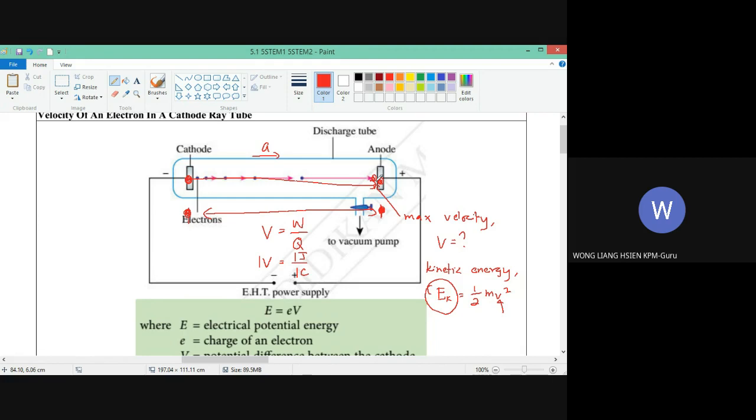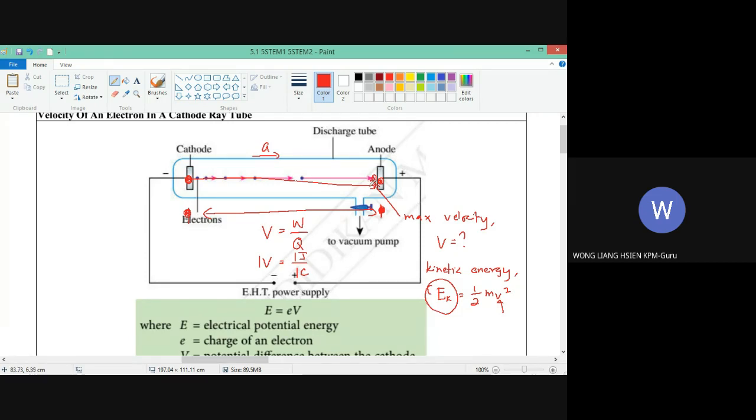So if the potential difference between the cathode and the anode is 1 volt, it means that the potential difference does the work of 1 joule to push the 1 coulomb of charge from the cathode to the anode.